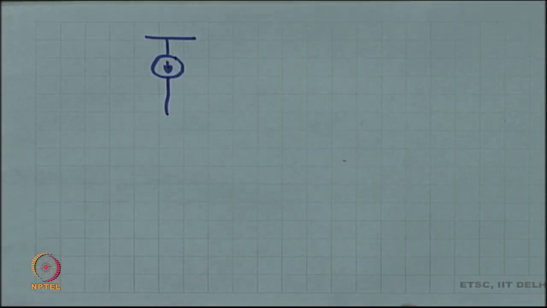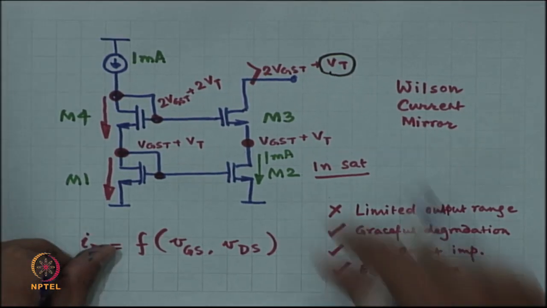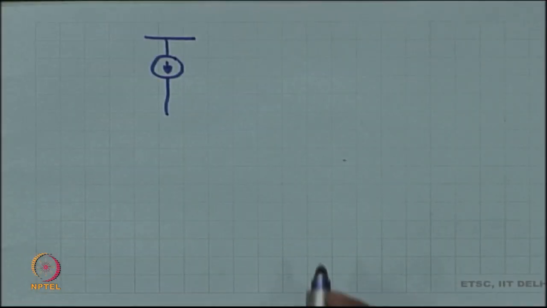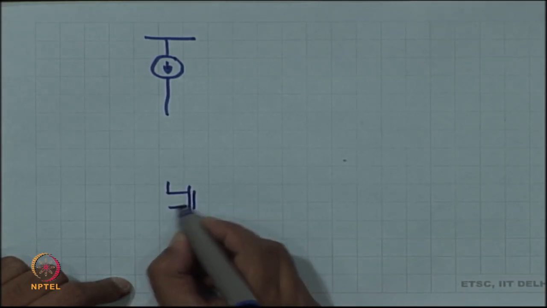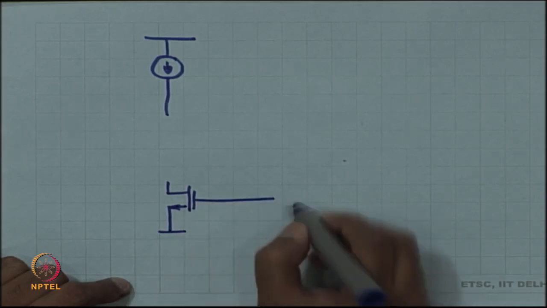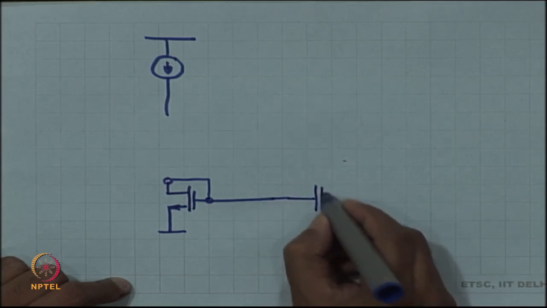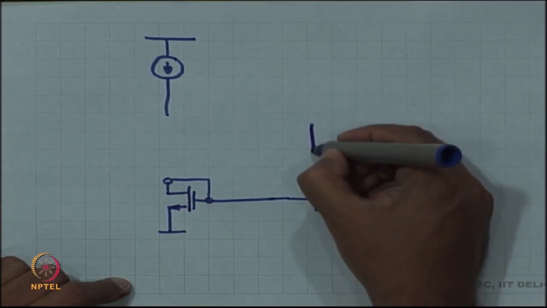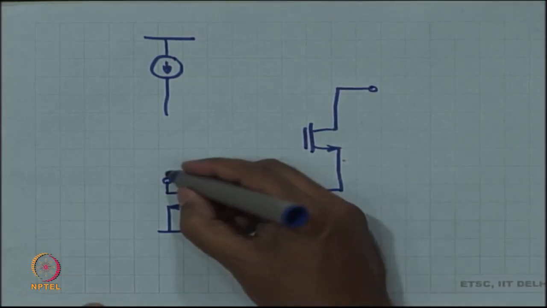However, we are going to be unable to carry on with this exact replica criteria. It is no longer going to be an exact replica, because this is now going to become 0.2, this is 0.2. Okay, so this is the basic premise.